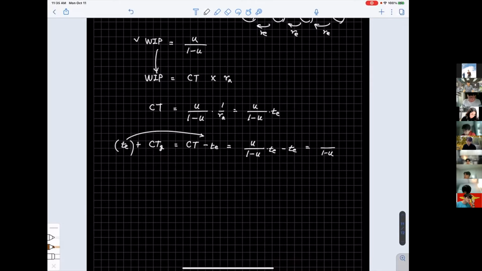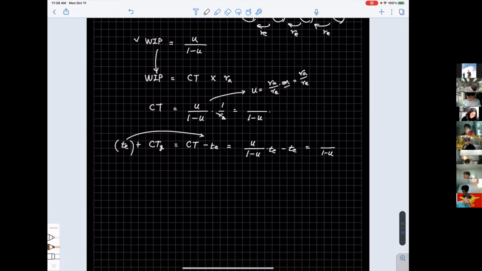Something is wrong here. I'm sorry. This is wrong because here the U is, in here, the number of machines is 1, so m is equal to 1.